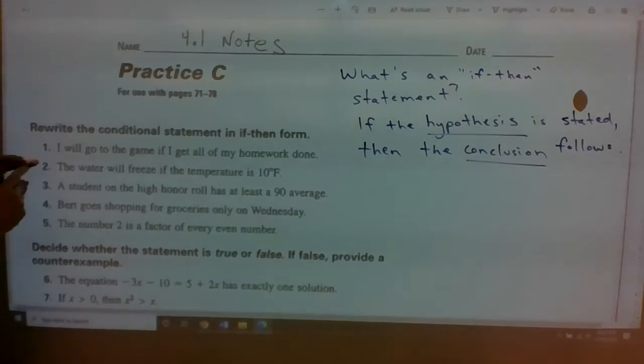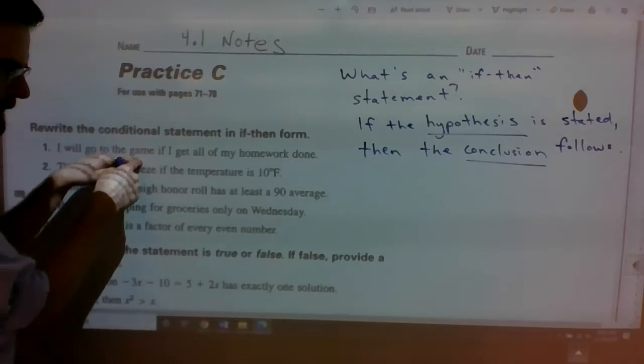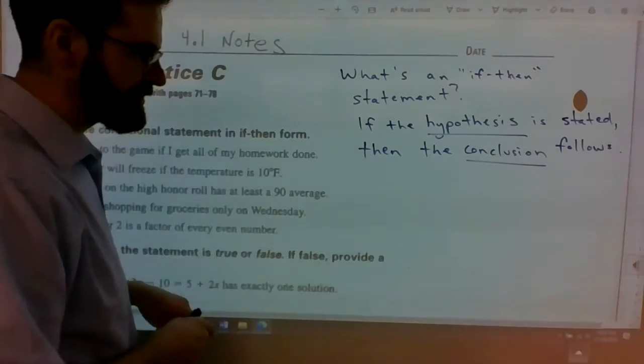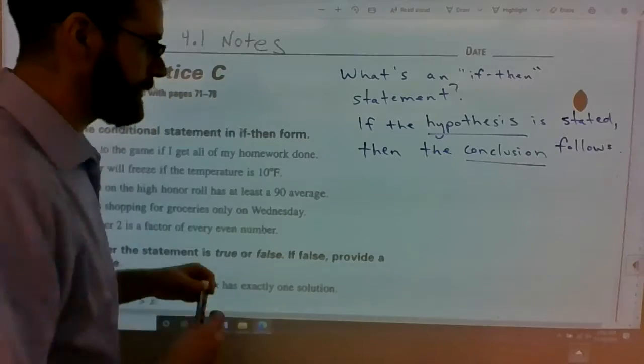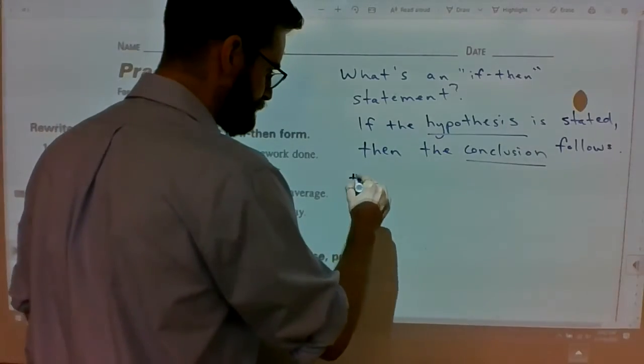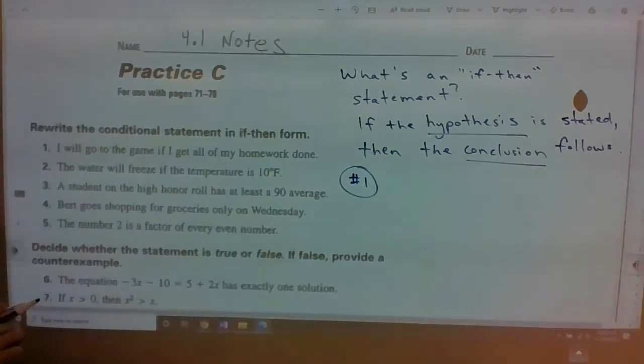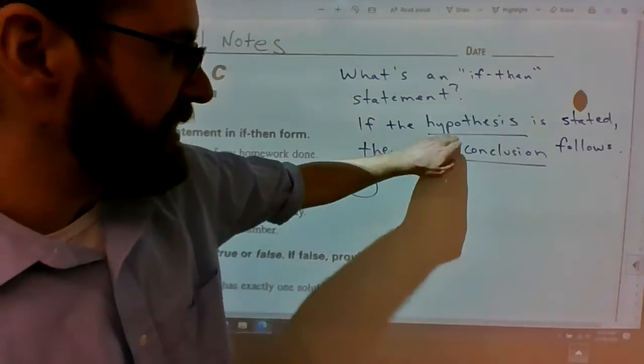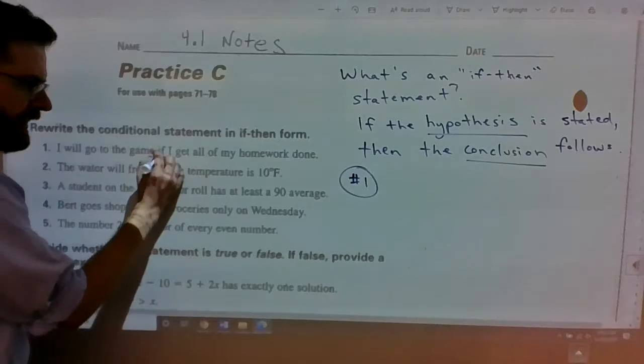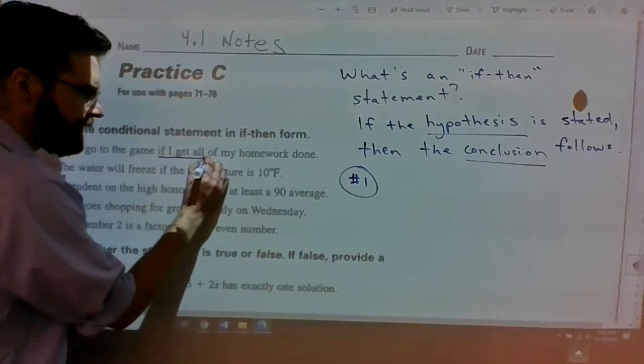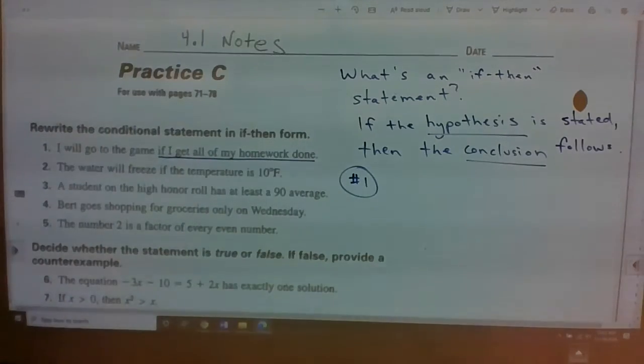So I'm just going to jump into this. How can we turn "I will go to the game if I get all of my homework done" into an if-then statement? So here's number one. Well, it seems like the hypothesis, the if part, is right here. They just reversed the way in which it was written.